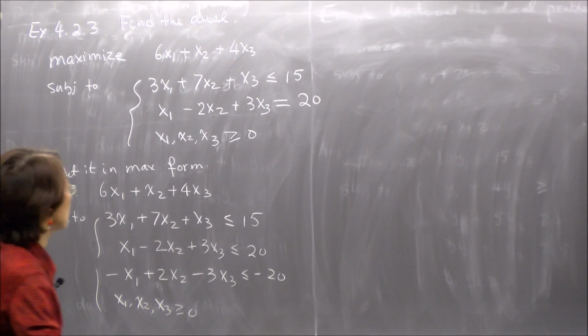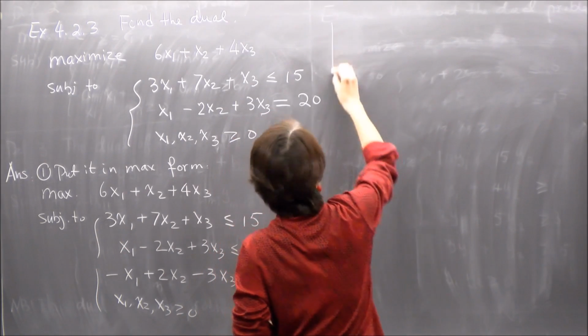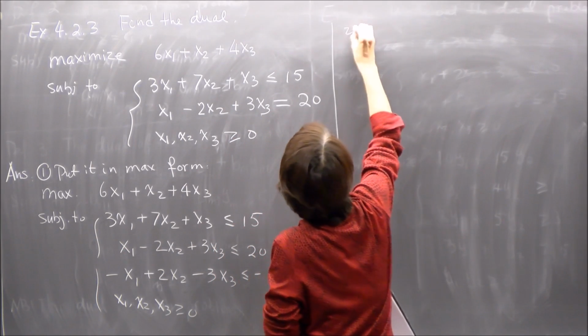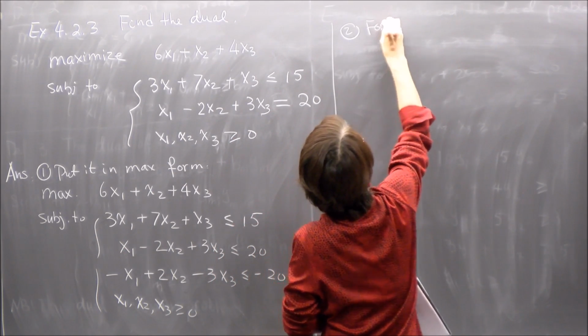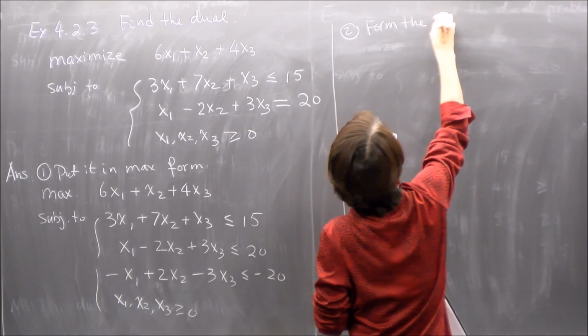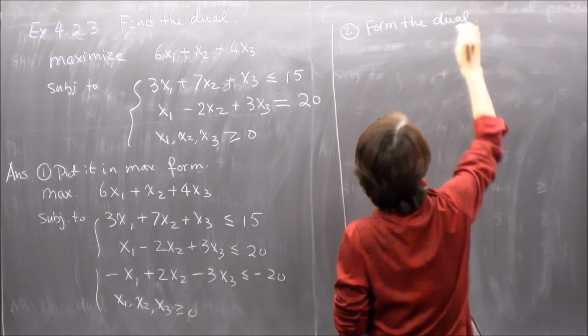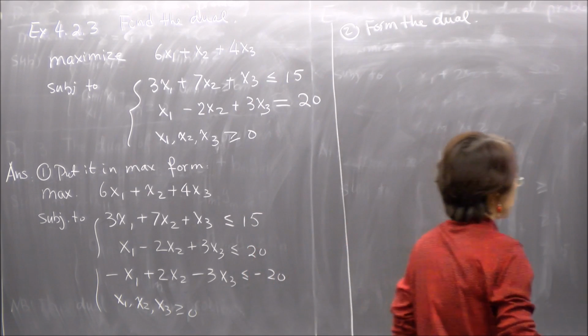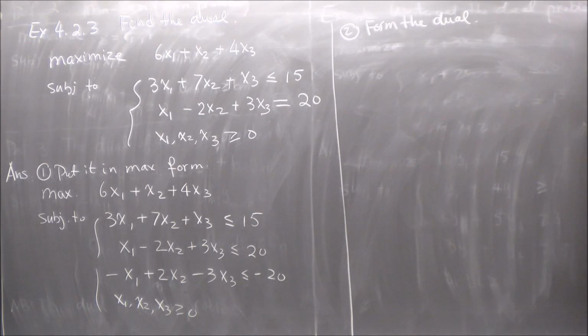I can form the dual. Step 2, form the dual. Just follow the definition. So how many variables should I declare for the dual problem?